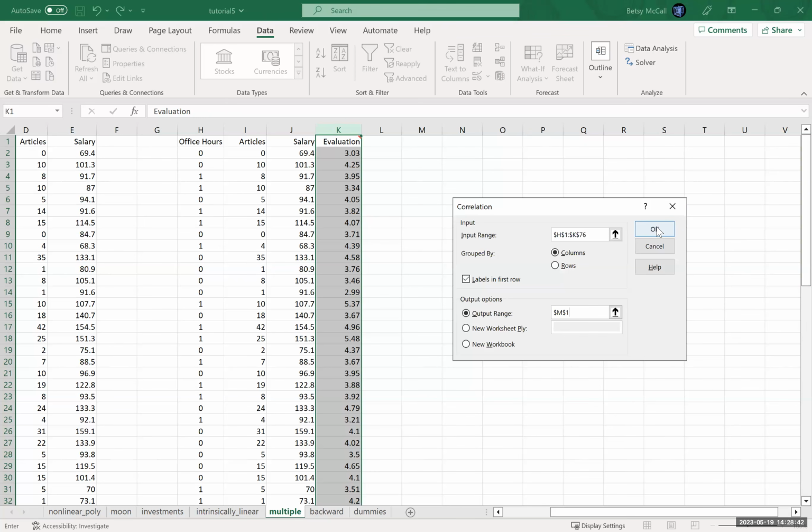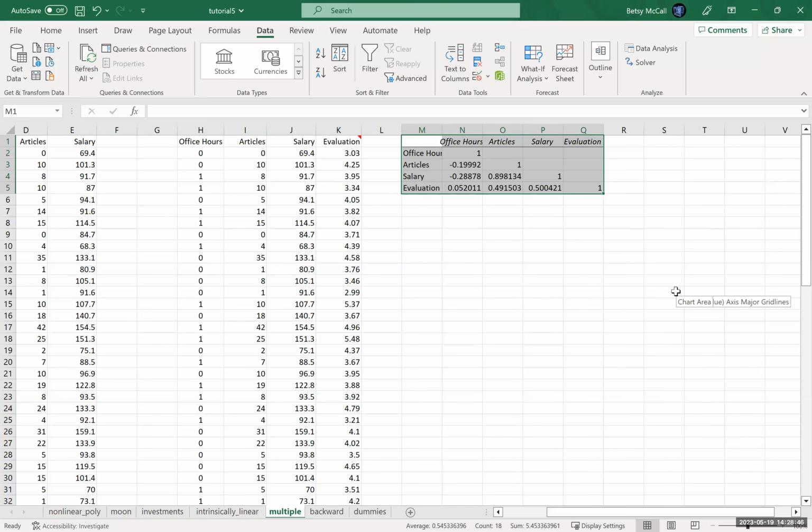And one of the concerns when we do a multiple regression analysis is that we need to be careful about whether some of our input variables are potentially collinear with other input variables.